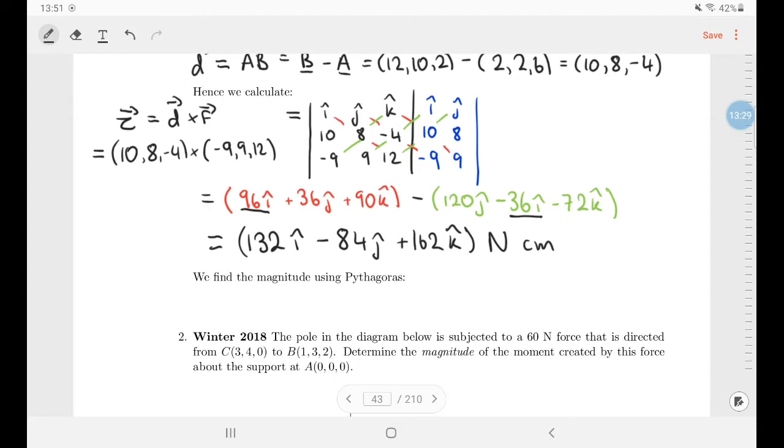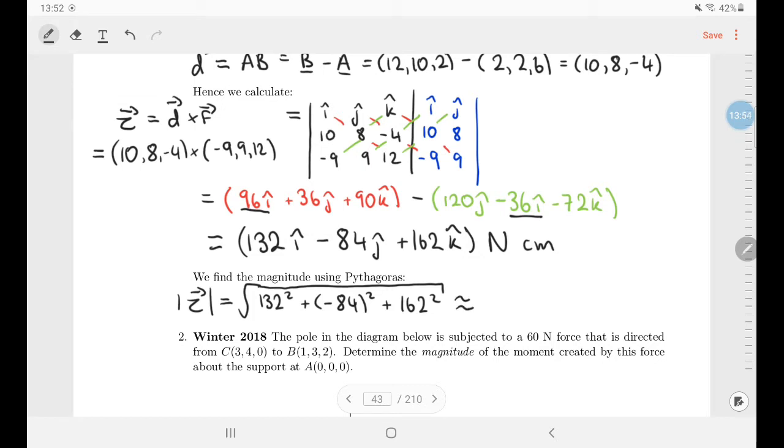Find the magnitude of the torque, because that was the second part of the question. It's just the magnitude of this. So do Pythagoras, square root of the sum of the squares. Remember, careful with a negative, you put it in brackets. We'll put this into the calculator and round it to 4 significant figures.